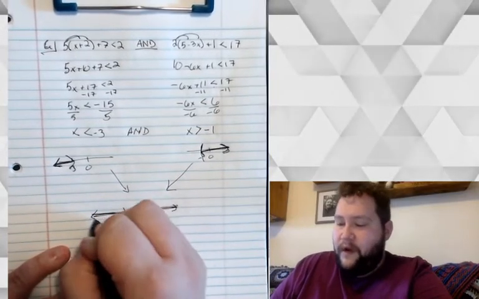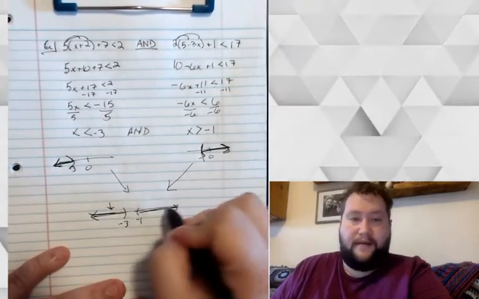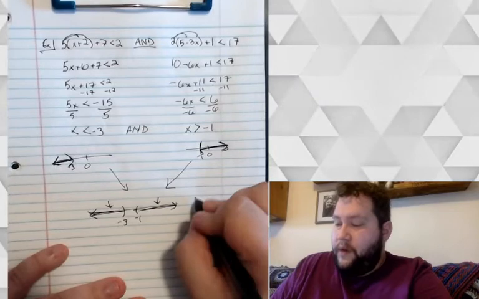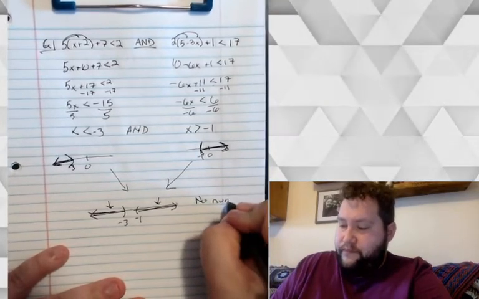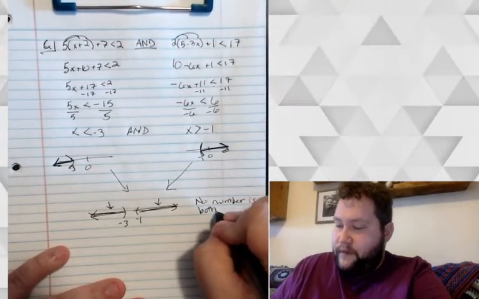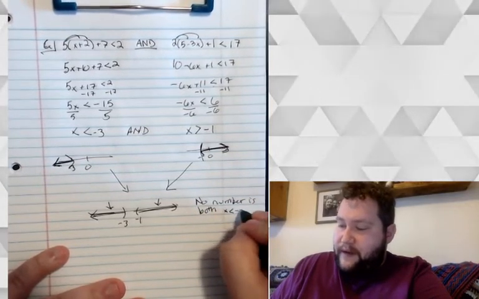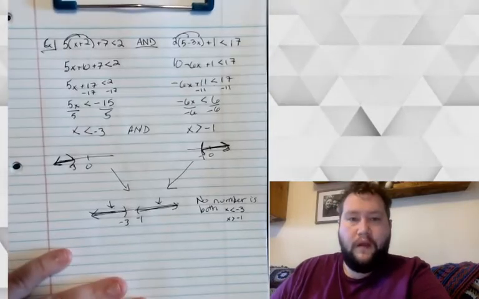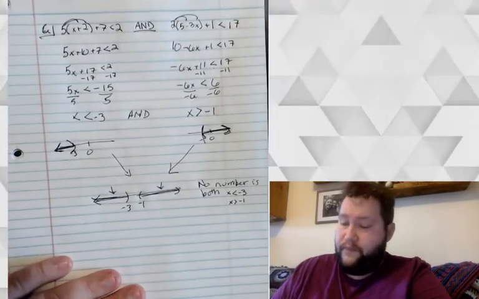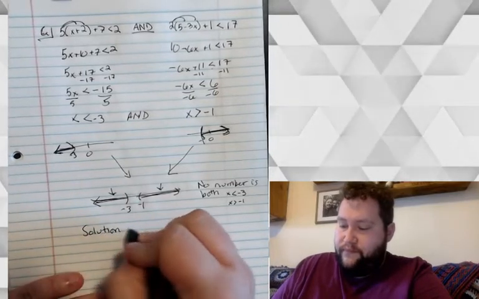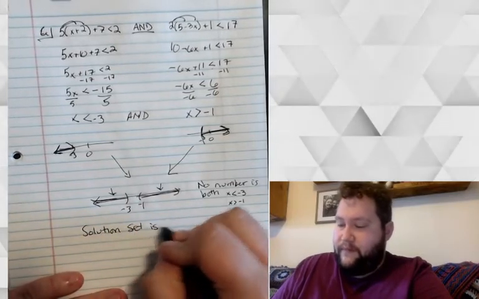So what numbers are both here and here? No number is both less than negative 3 and greater than negative 1. So here, the solution set is empty.